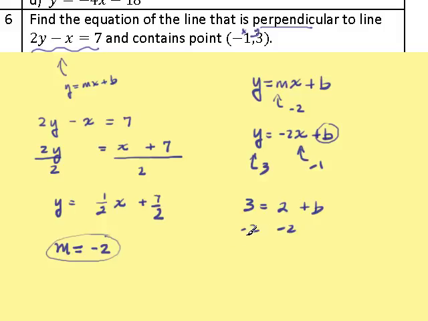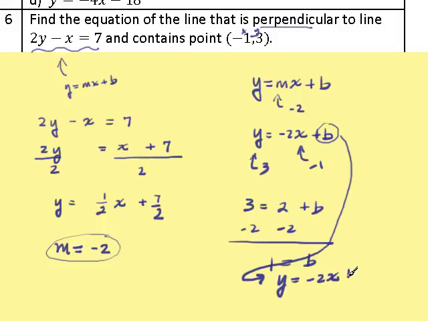And finally, we get that b is equal to 1. All right, let's finish our equation right over here. And we have y is equal to minus 2x plus 1. And that's the equation of our line. Oops, sorry, this should be a 1 right here. Minus 2x plus 1.